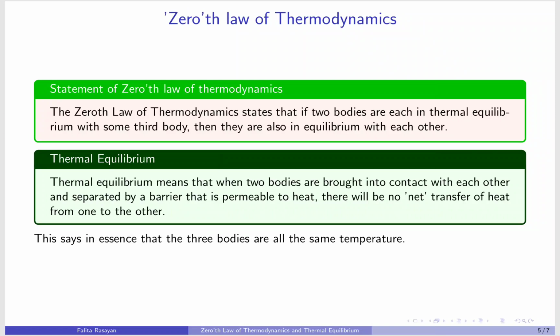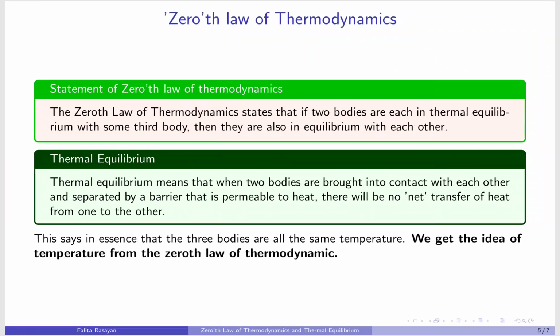So the zeroth law tells us what thermal equilibrium is, and we get the idea of temperature from it.